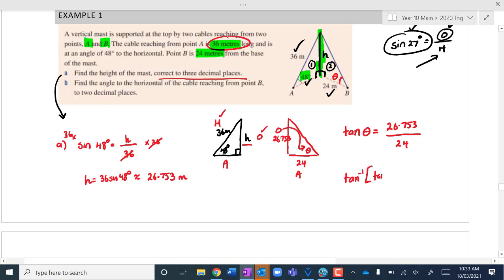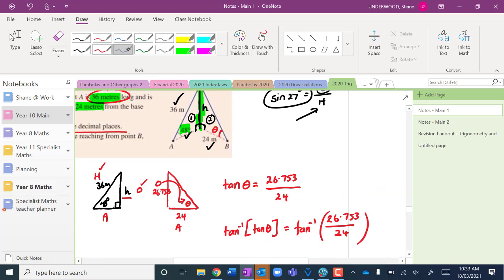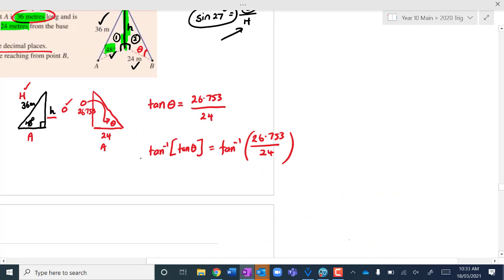You don't need to show this working. I just think it's nice to know why we do some things in maths. The tan and the inverse tan are the inverse of each other, so that's going to cancel out, and we're left with theta is equal to that.